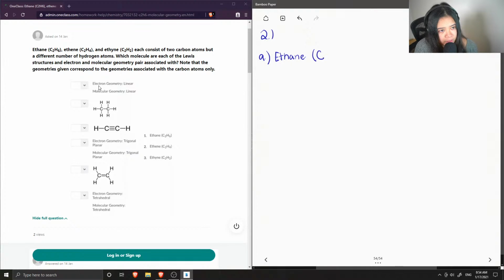Ethane has the structure C2H6, and even just by looking at the suffix of ethane, we know that it only contains single bonds. So it will have the 2 carbons single bonded together, and then all around are all of the hydrogens.